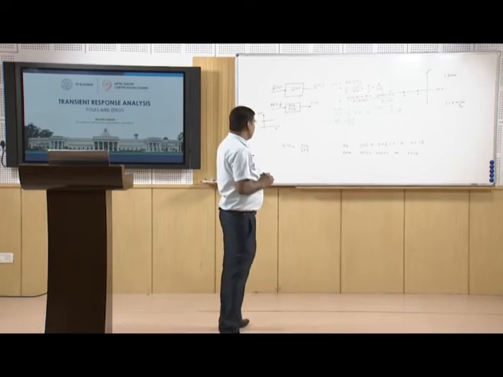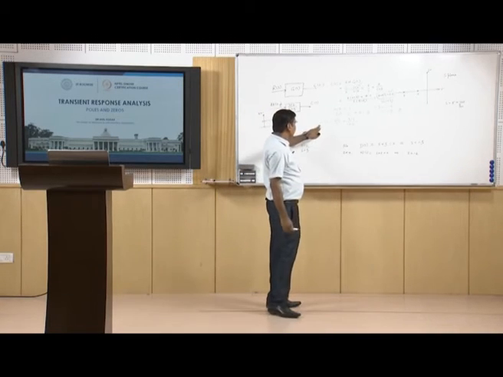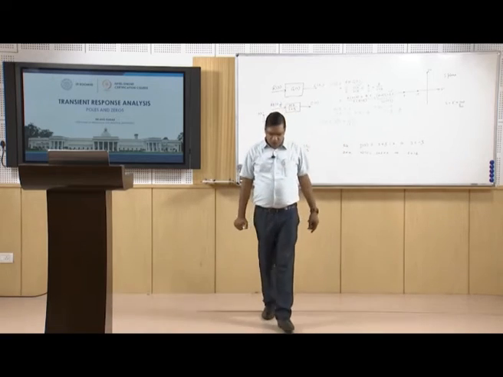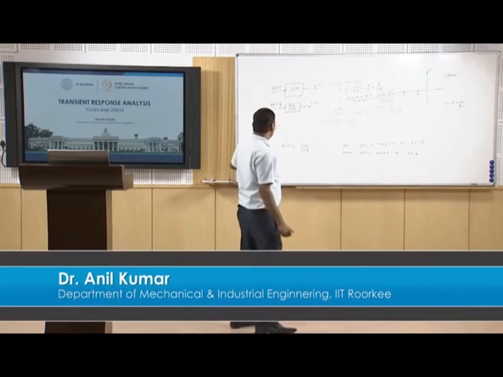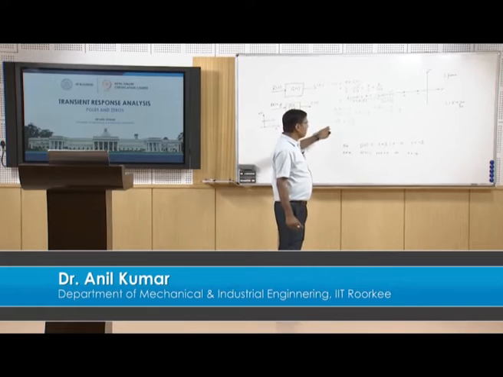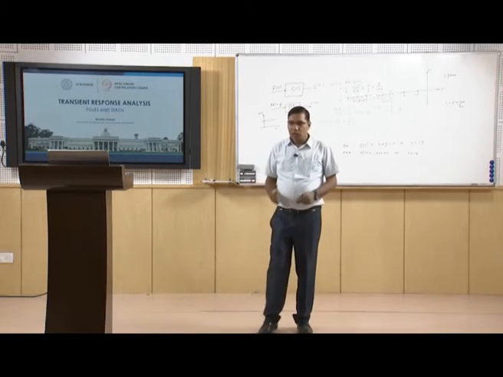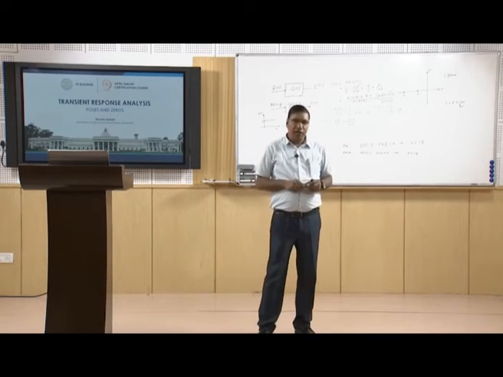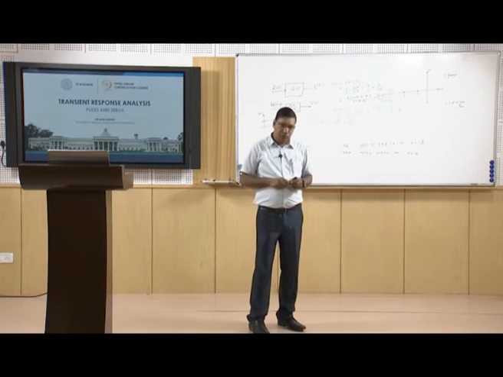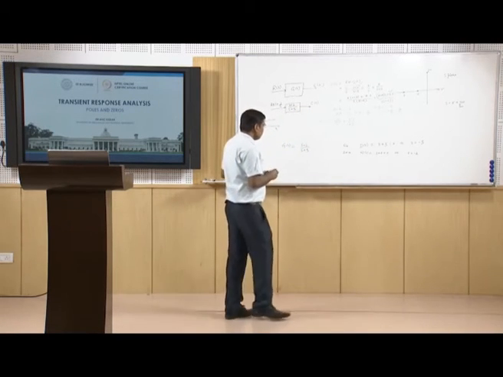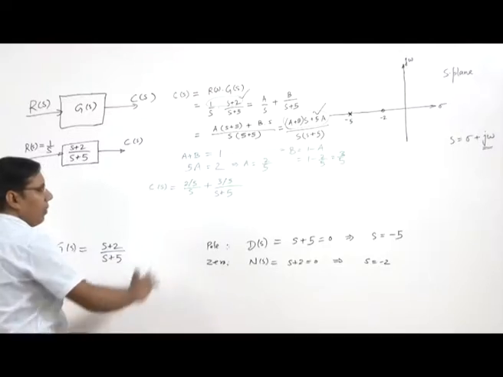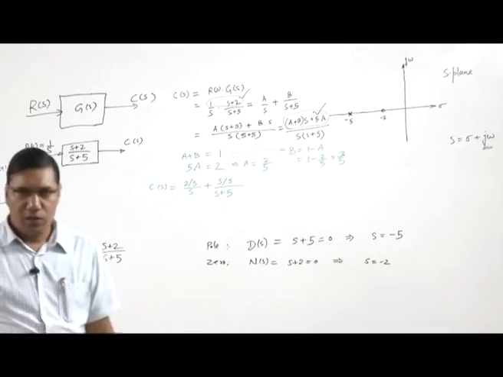So this is C(S). Now we are in the S domain. We have to come to the time domain to find the response with respect to time. So we take the inverse Laplace transform of this.